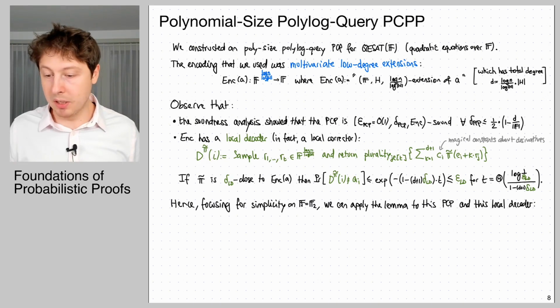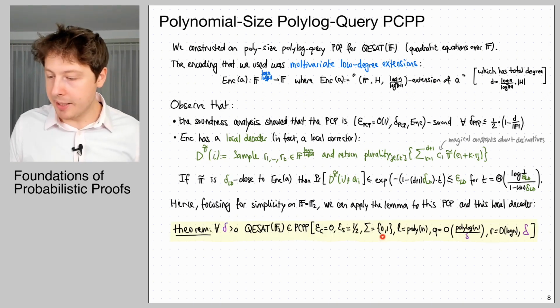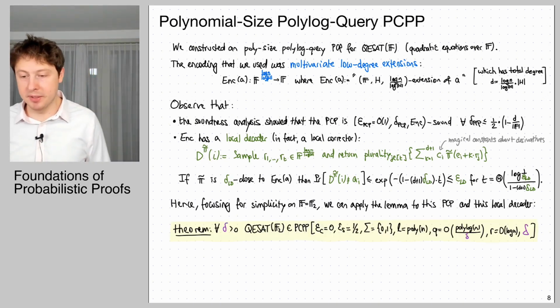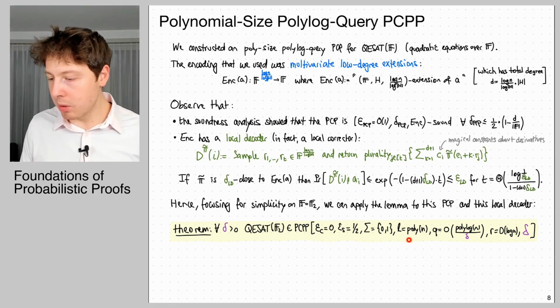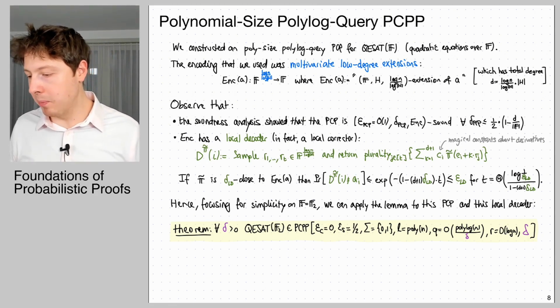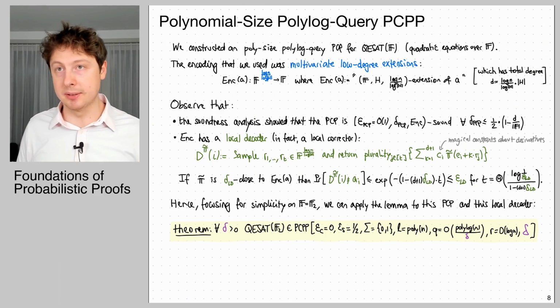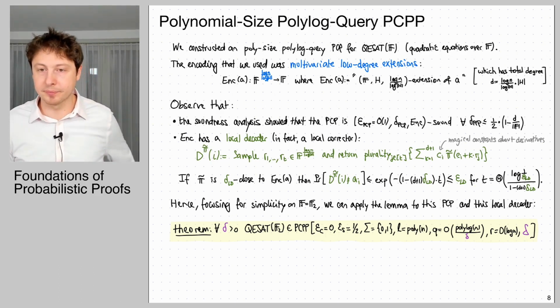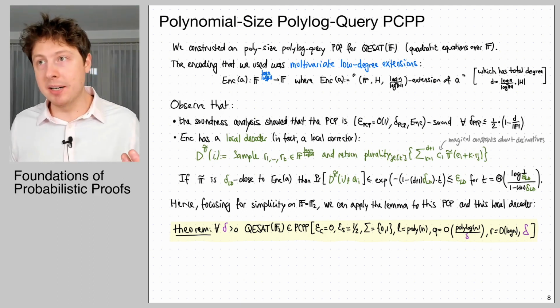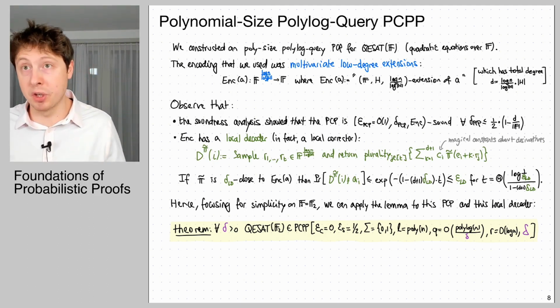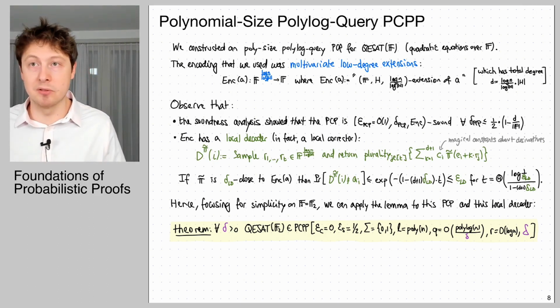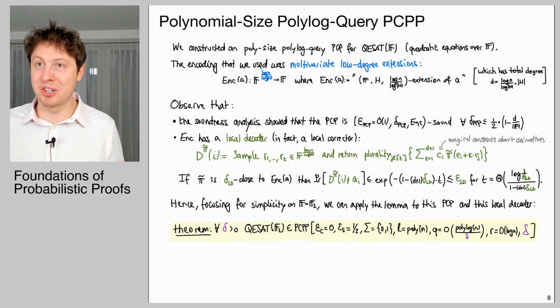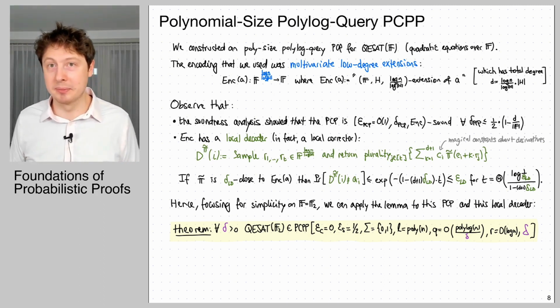Okay, once we do that, we get the other PCP of proximity. Here it is. Polynomial size, polylogarithmic query complexity, and now we have a proximity parameter that we can control. Again, it's just the same paradigm instantiated in a different regime. And conveniently, it's literally the same construction, just different encodings.